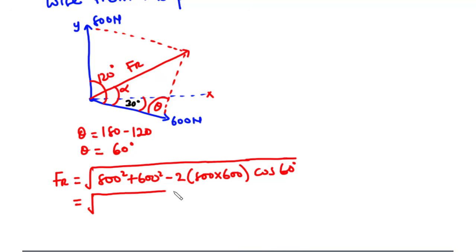So when you simplify what's under the square root, you have 520,000, and then Fr is equal to 721.11 newtons. So this is the magnitude of the resultant force.